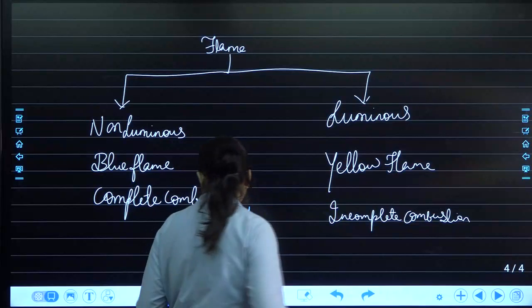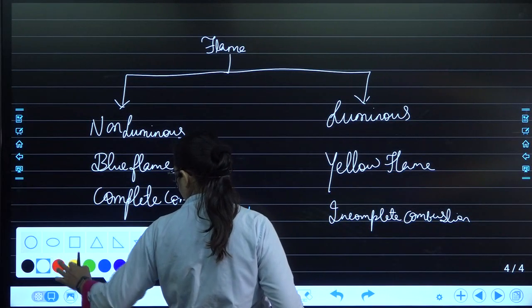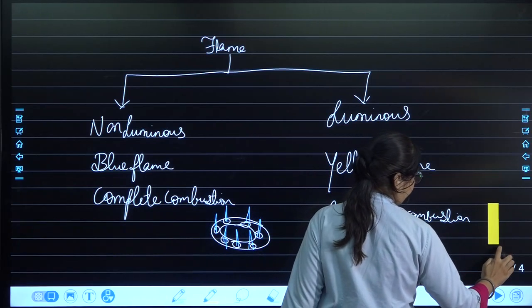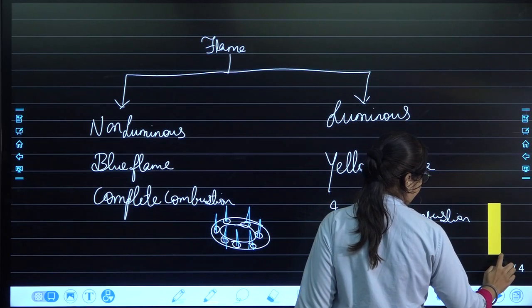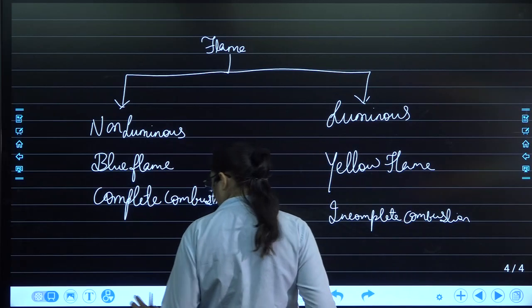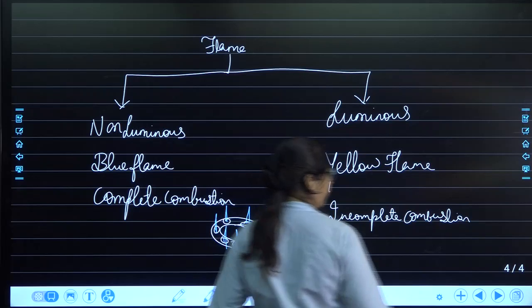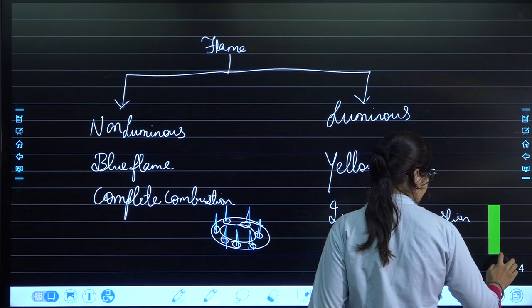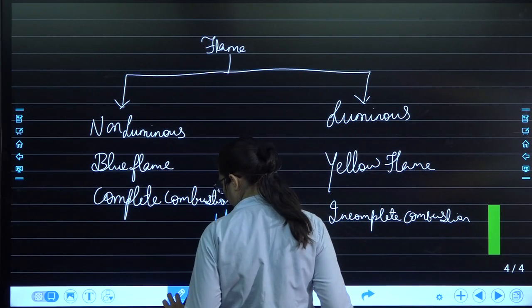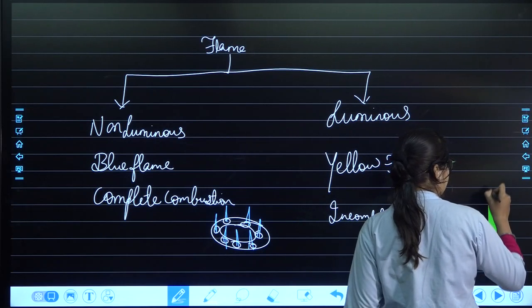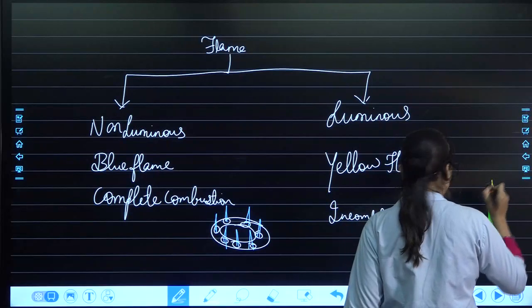But instead, if you are burning a candle, on burning a candle you will see that it is producing a yellow flame.